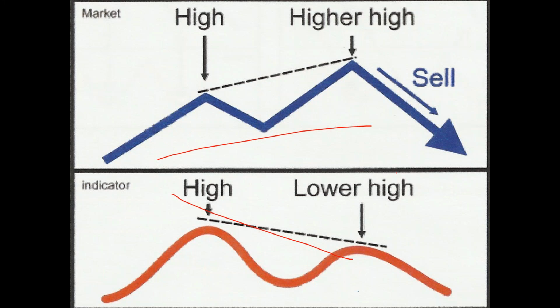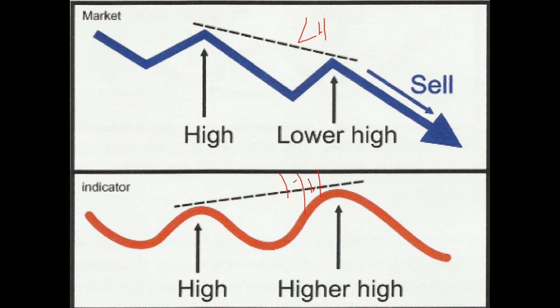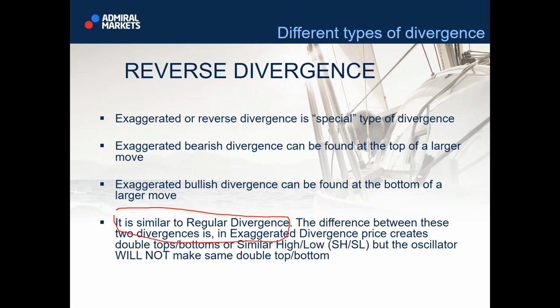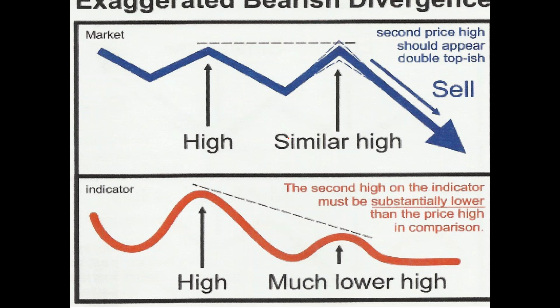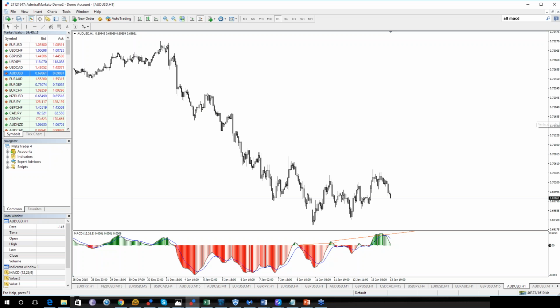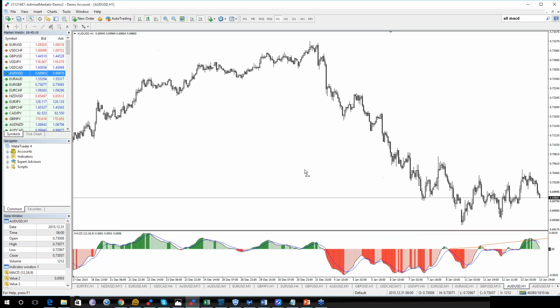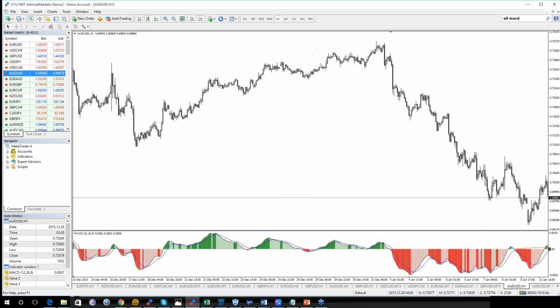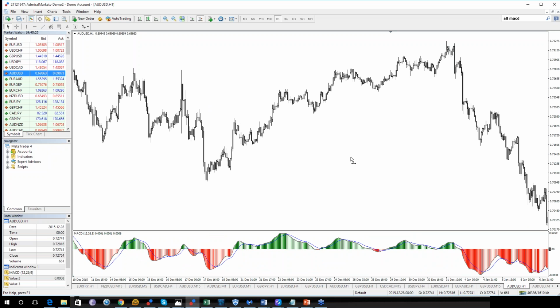Okay? This is hidden divergence. This is reverse divergence. Everything is clear, guys. As I said, the reverse divergence will not be shown every single time on your chart. But you need to have double top and double bottom for that. Okay? You need to have a double top.